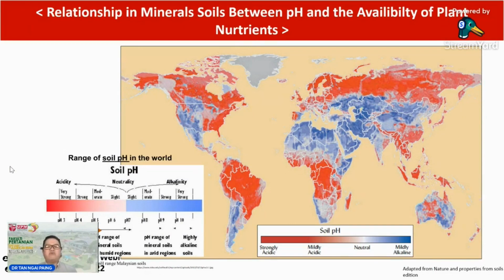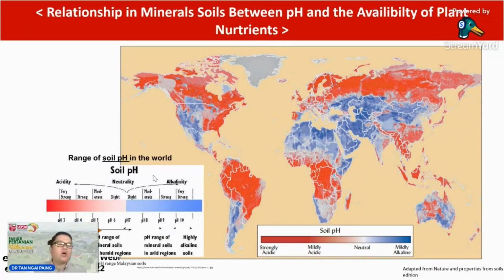Some of the things that we need to look at is the soil pH. So here you can see a world map of the soil pH. What does the pH of the world look like? Normally, our pH is a bit acidic. All around the world is a bit acidic. And for the case of Malaysia, because of our weather conditions and our climate, our soil tends to be much more acidic.